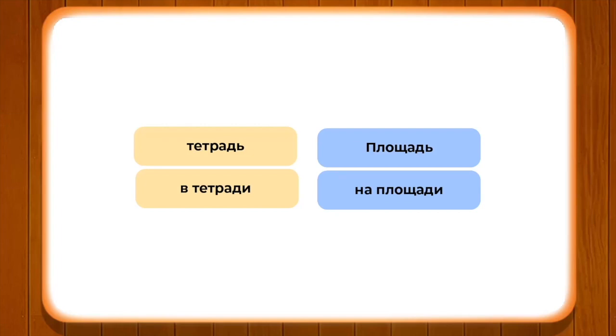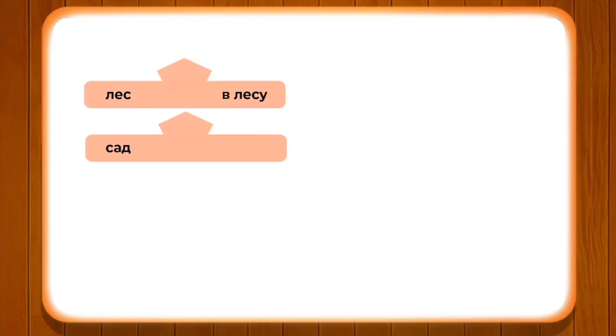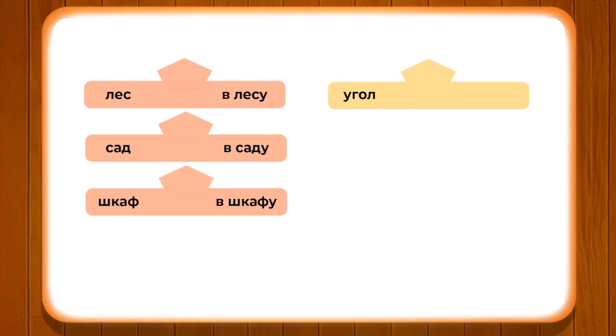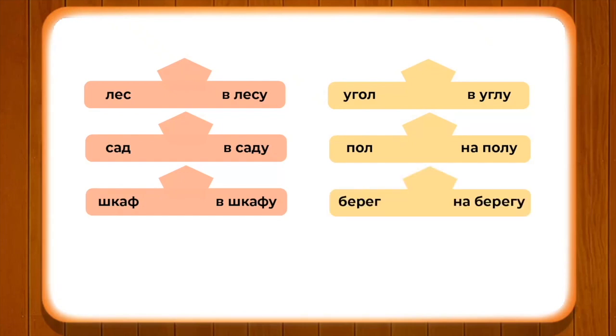Now let's go ahead and pay attention to some of the words of the masculine gender which are exceptional. So how do they change with prepositions? Лес, в лесу, сад, в саду, шкаф, в шкафу, угол, в углу, пол, на полу, берег, на берегу, мост, на мосту.